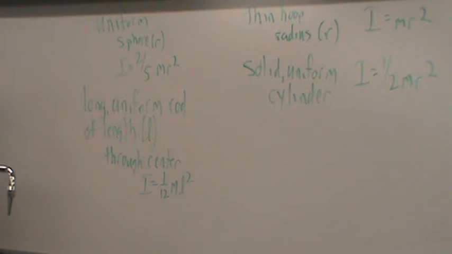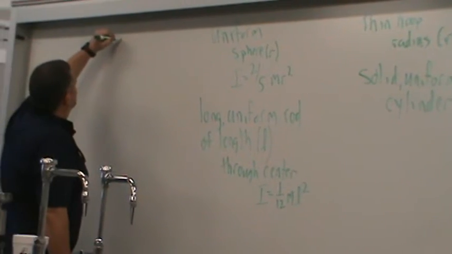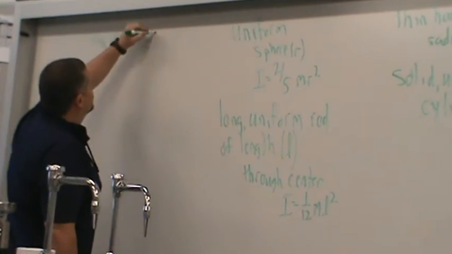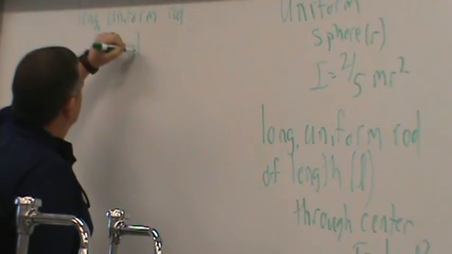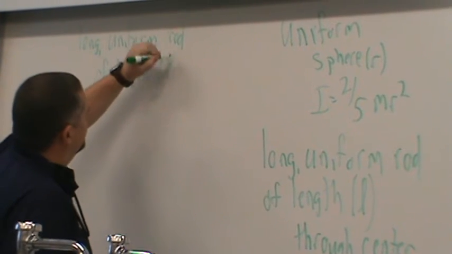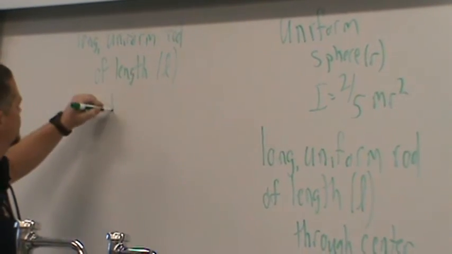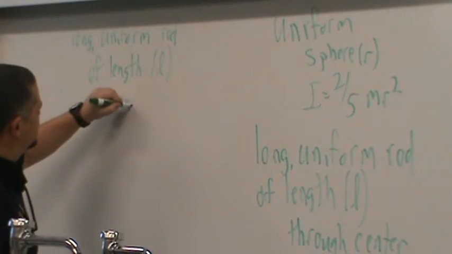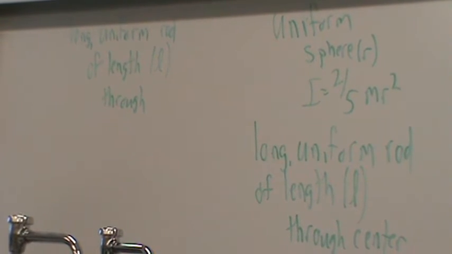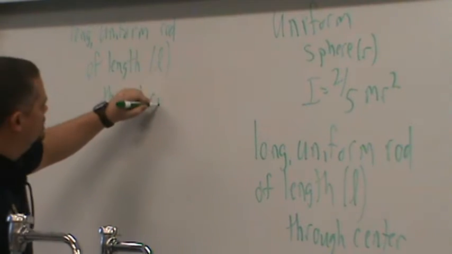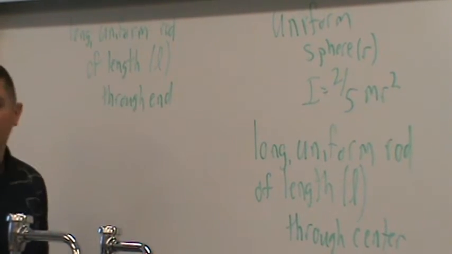Then once again, we have a long, uniform rod of length, so we are going to have L. This time around, our axis point is going to be at the end of the rod.